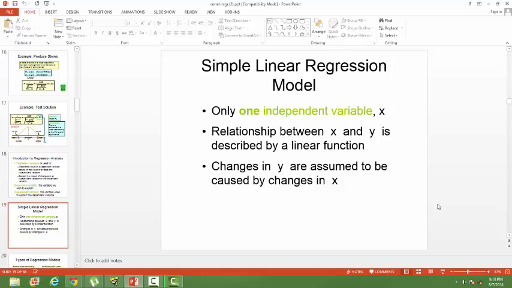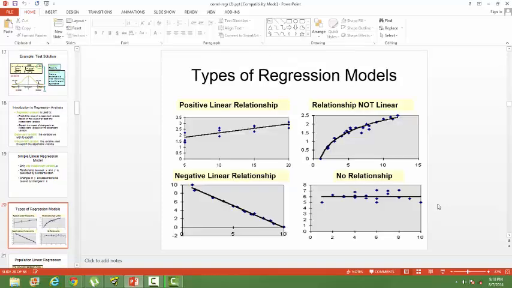In linear regression, we should have a linear relationship or linear function. The regression equation that we get at the final stage of the modeling process has to be linear in nature. We'll see that when we do the hands-on exercises.